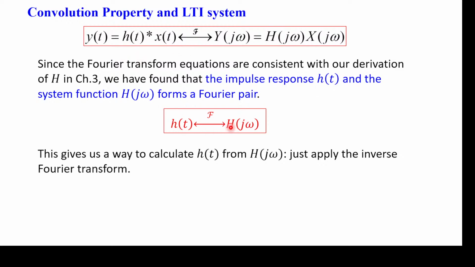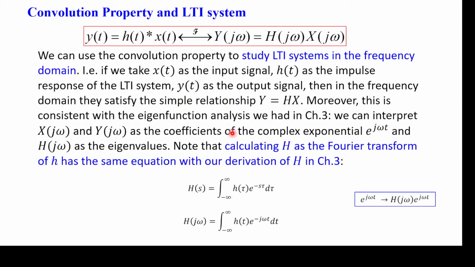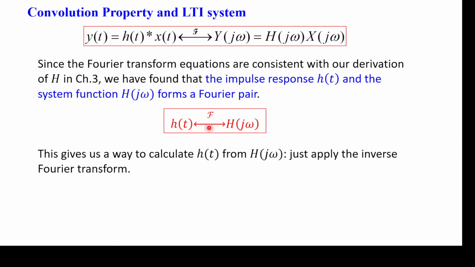And so that allows us to look at the system in two different ways. Very nicely, the small h and the big H have this very strong Fourier pair relationship. Something in particular useful is that in chapter 3, we didn't know how to calculate small h from big H. We know how to calculate big H from small h by doing this integral. But now we know they form a Fourier transform pair, and we know how to calculate something in the time domain from something in the frequency domain, that is just apply the inverse Fourier transform formula, right?